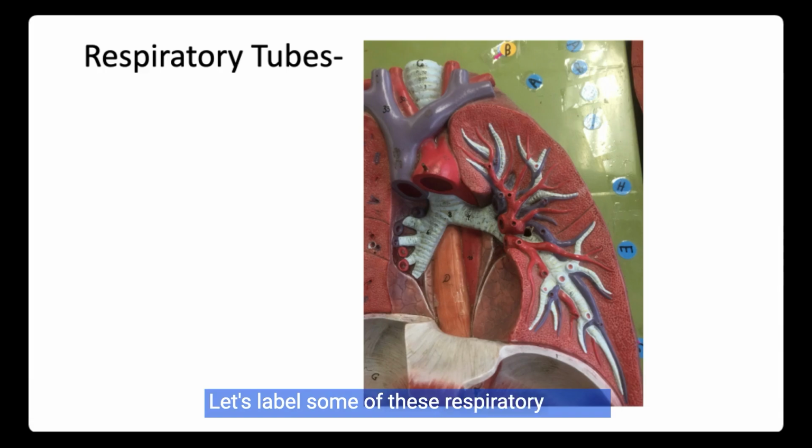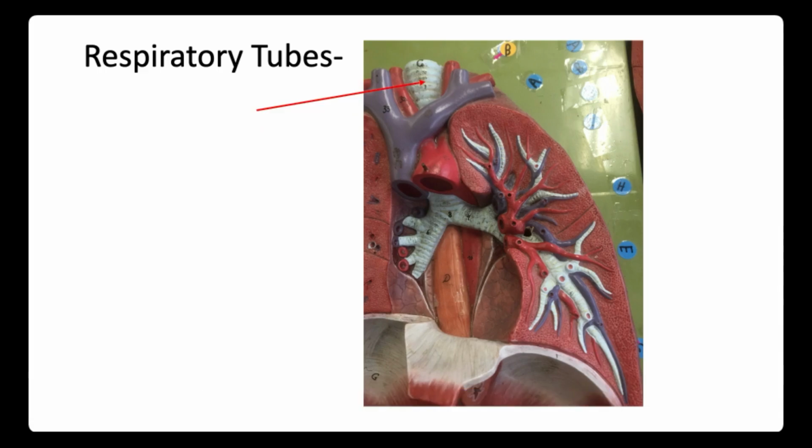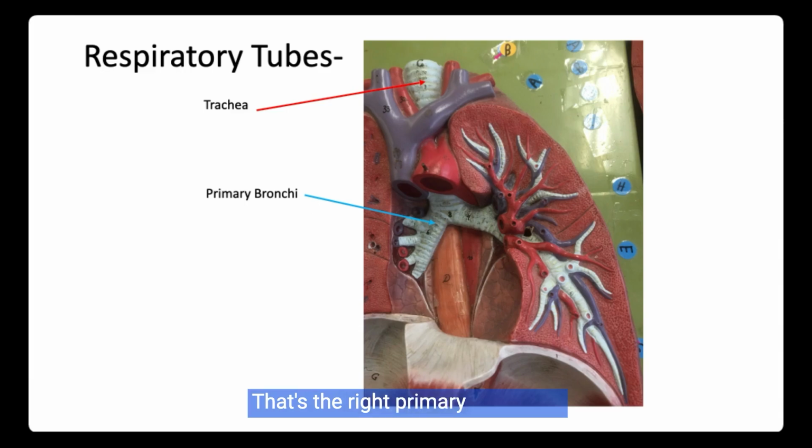Let's label some of these respiratory tubes. Here. That's right. Trachea. How about here? Right on. That's the right primary bronchus.